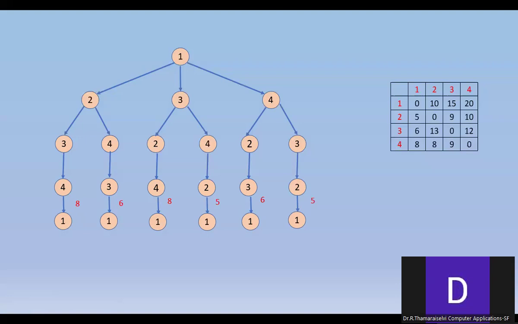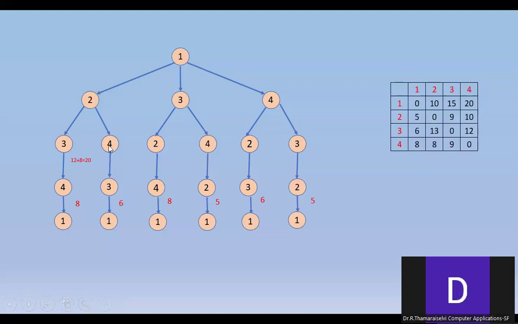Now you have to find the cost from 3 to 4 and 4 to 1. For that, consider 3 to 4. How much is 3 to 4? 12. And 4 to 1 is 8. So 12 plus 8 is 20. Understand?